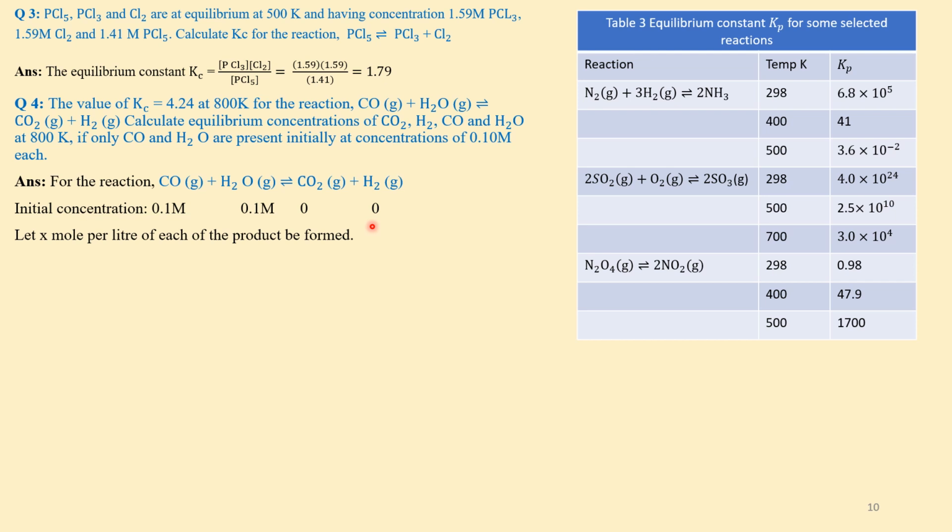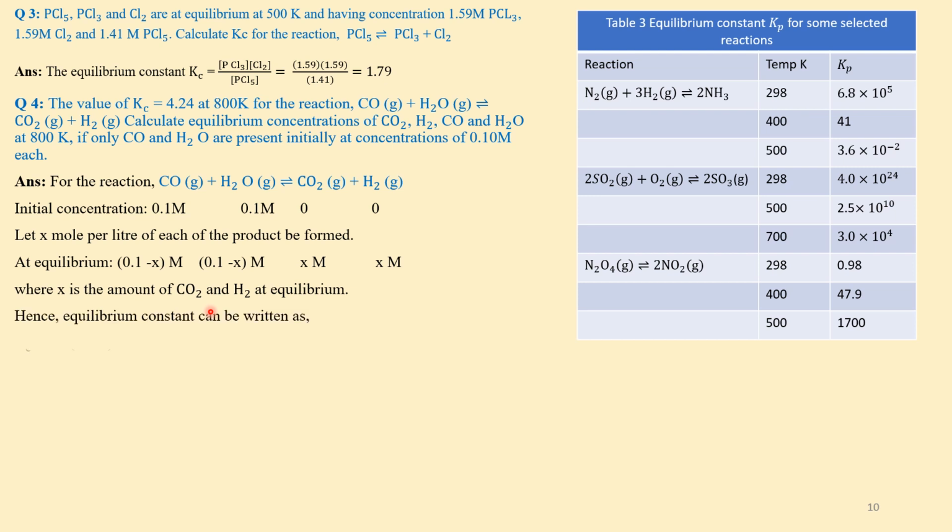At equilibrium, the reactants are 0.1 minus x mole of CO and 0.1 minus x mole of H2O, and on the right-hand side, x mole each of CO2 and H2, where x is the amount of CO2 and H2 at equilibrium.